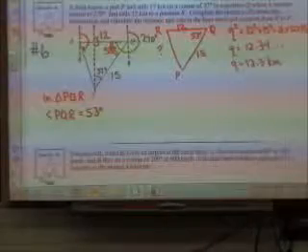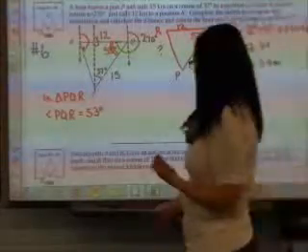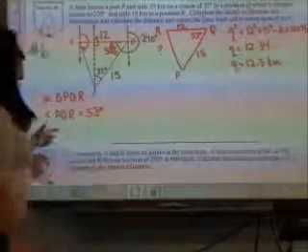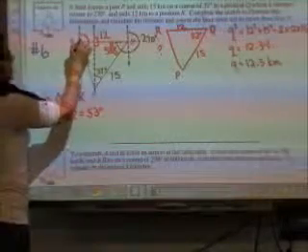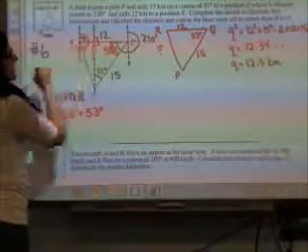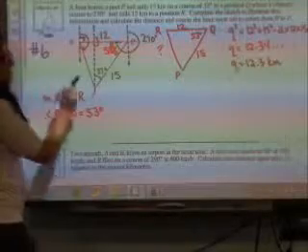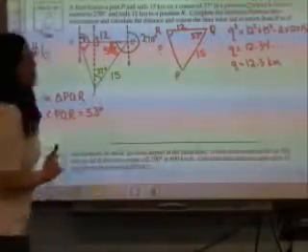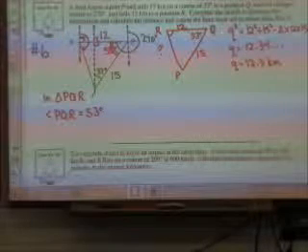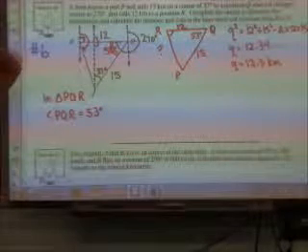Okay. The last piece of information that I need is that bearing. So if I go back to this diagram, this right here is 90 degrees. So if I could figure out what angle R was, my bearing would then be the 90 plus that angle R. So what could I use to figure out angle R?